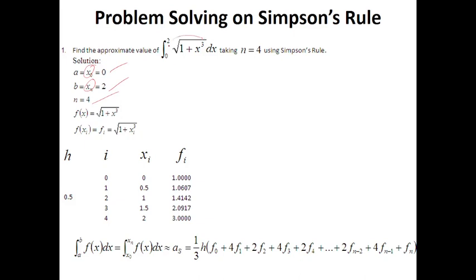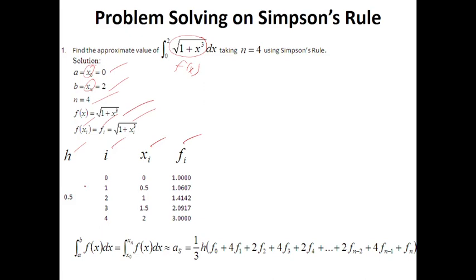We have the function f of x, square root of 1 plus x cubed. We substitute x sub i, so f sub i is square root of 1 plus x sub i cubed.